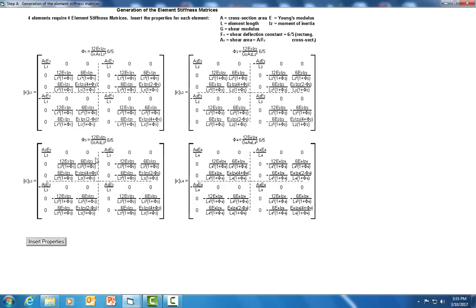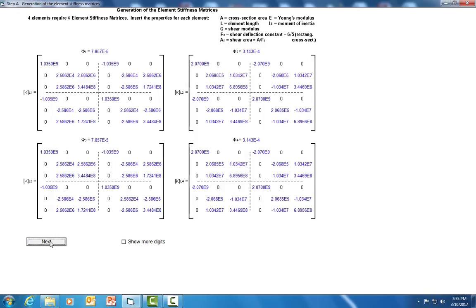Is explained why for one-dimensional elements with shear deformation included, we generate in the book this stiffness matrix. And now we say, okay, these are the 4 stiffness matrices. They are rigidly connected at the nodes.